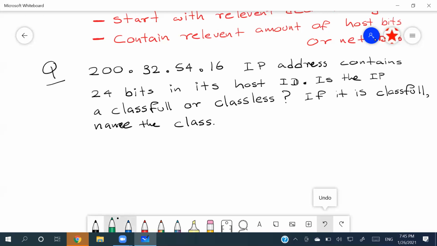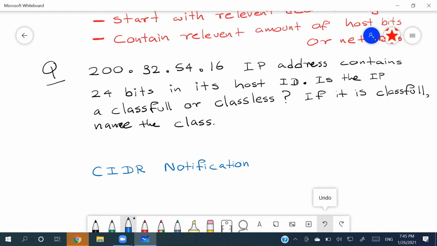So this is how we are going to write a CIDR notation. So CIDR notation is written like this.